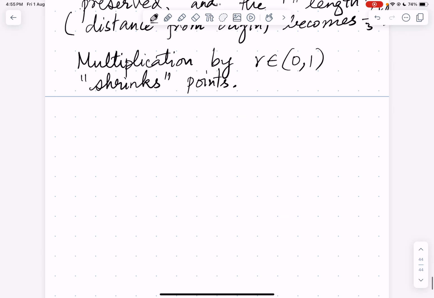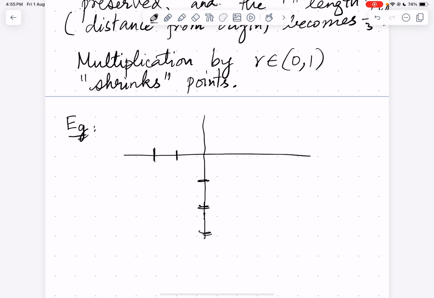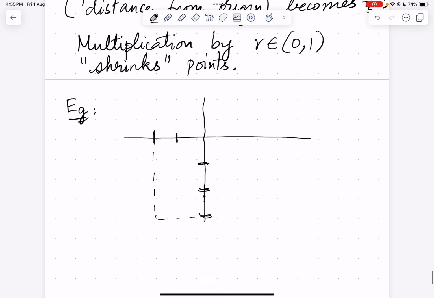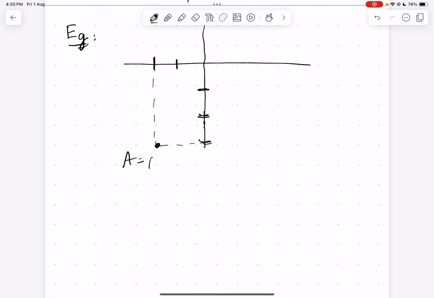Another example: if you take this point A = (-2, -3) and scale it by, for example, half, then half times A is just (-1, -3/2).